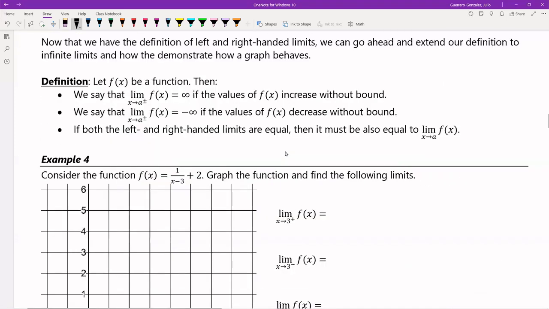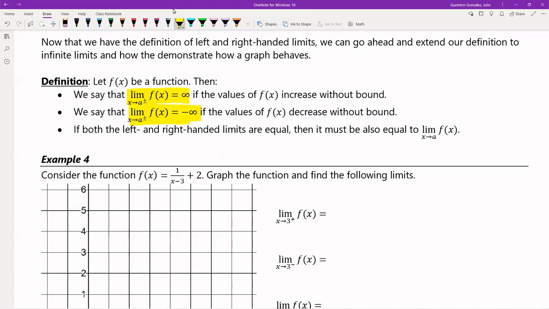Moving on, now that we have the intuitive definition of a limit that heads toward a point, right? We now can describe these two, okay? If a limit as x approaches a, either positive or negative, goes to positive infinity, or the limit as x approaches a, either the positive or the negative limit, goes to negative infinity.